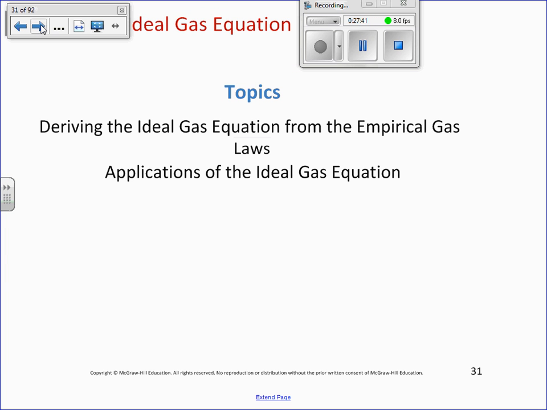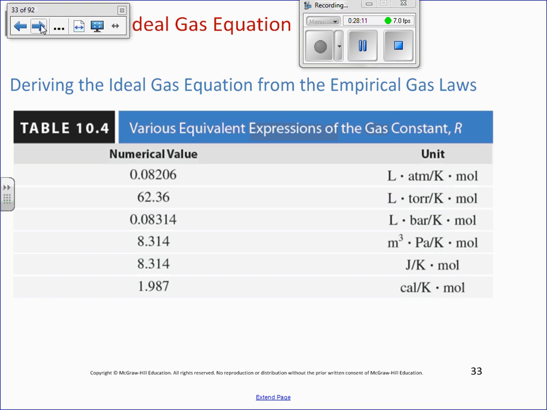The ideal gas equation, I'll tell you right now, Pivnert. You remember Pivnert? PV is equal to nRT. R has different values. It's an ideal gas constant.